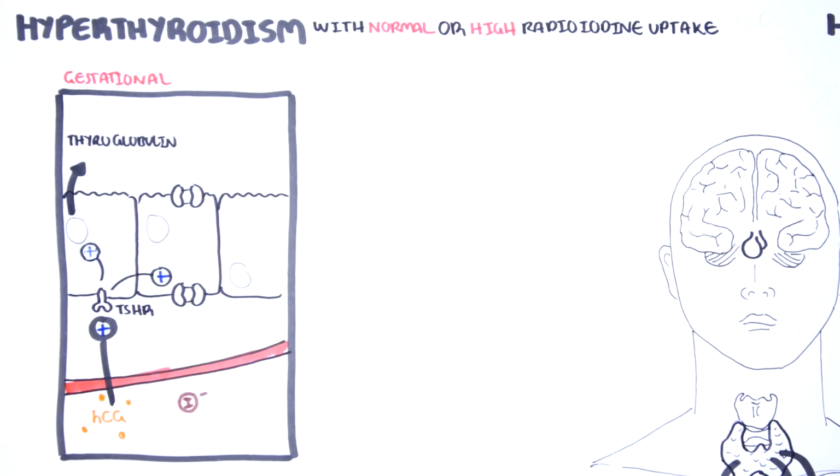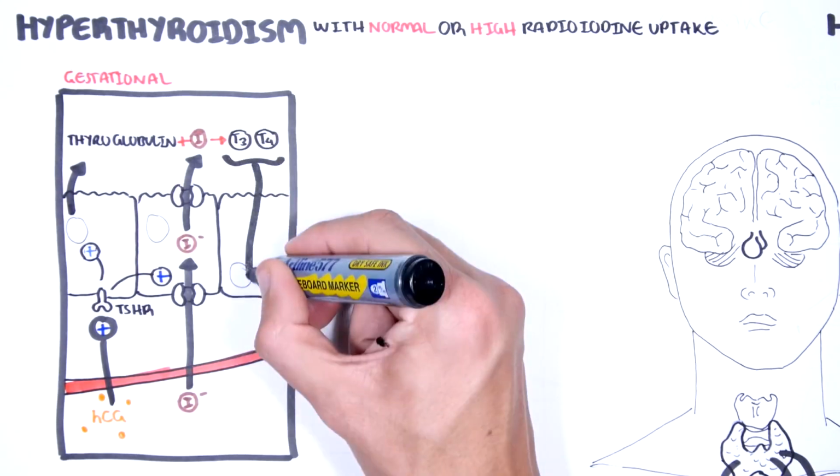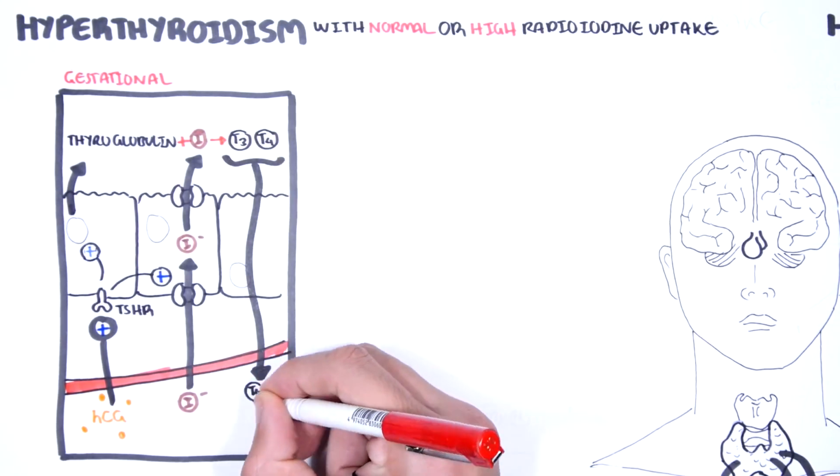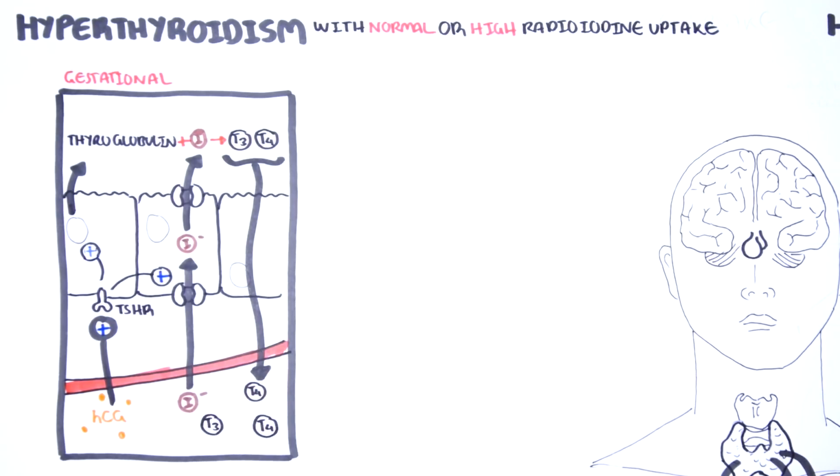This results in a physiological increase in thyroid hormone synthesis and a decrease in thyroid-stimulating hormone levels. In some women, this mechanism can actually lead to overt hyperthyroidism during pregnancy.